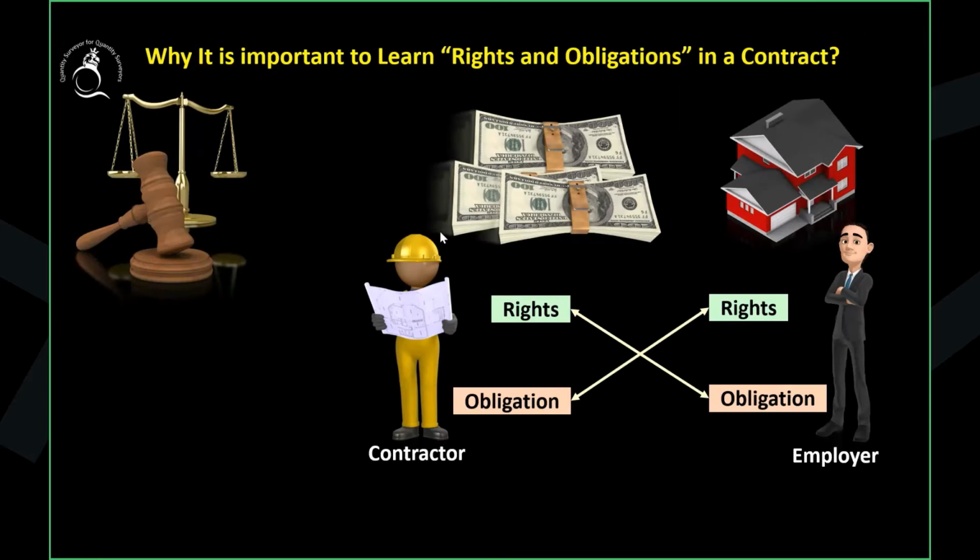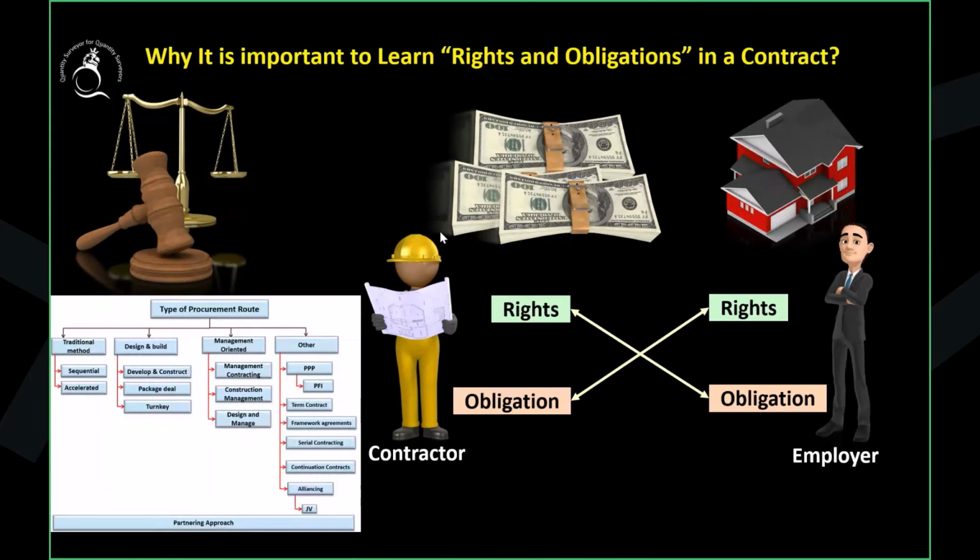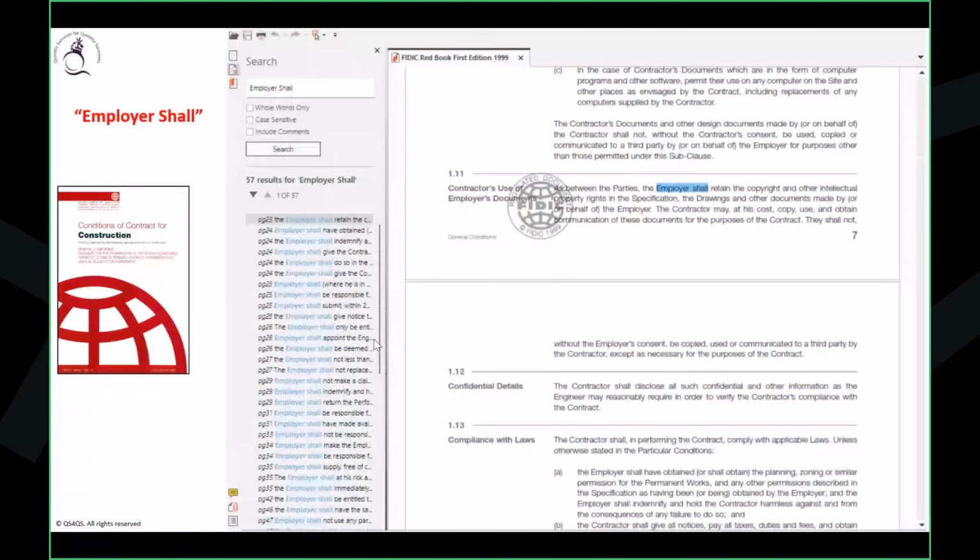We will have a deeper understanding in the upcoming lecture series. There are so many other factors influencing the condition of contract. Mainly the procurement routes will determine the parties' rights and obligations. So in our lecture series, we will learn all these types of procurement routes in detail. Here I have put a screenshot of the employer's sale.